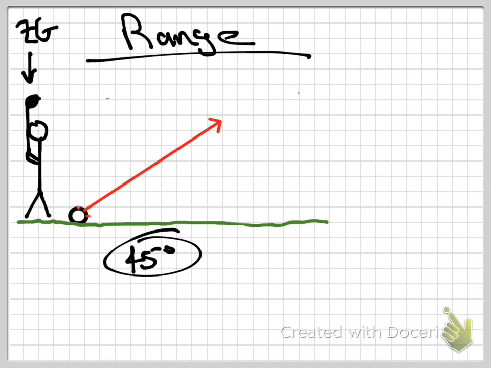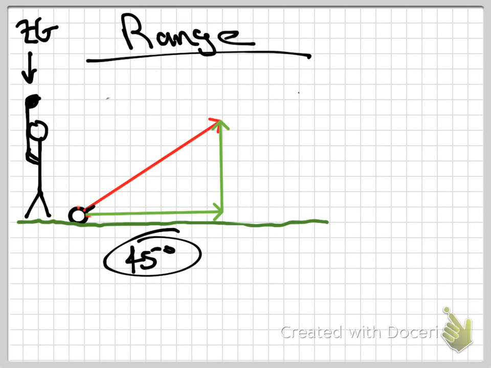This will give your ball sufficient airtime and sufficient hang time, and sufficient horizontal velocity for it to continue to go the farthest and maintain that horizontal velocity. All right? So this is halfway between vertical, halfway between horizontal.